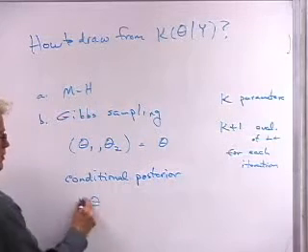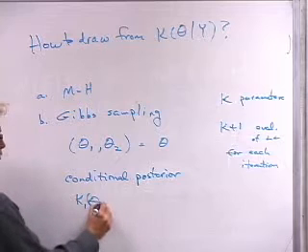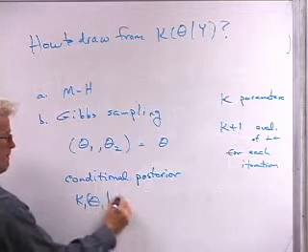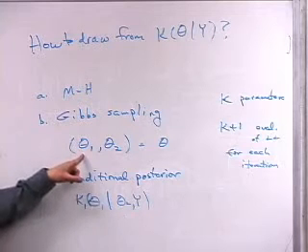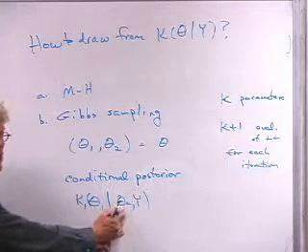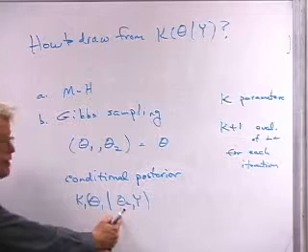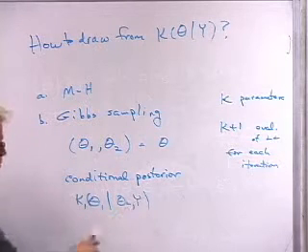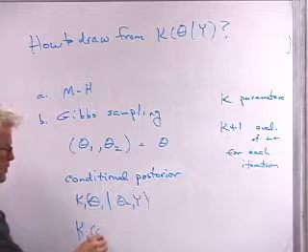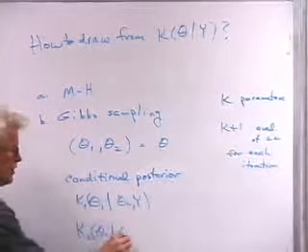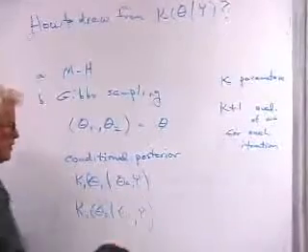So this is the posterior for the first group of parameters, given the value of the second set of parameters and the data that you've got. This is the conditional distribution, or the conditional posterior for the second set, given the first set and the data.